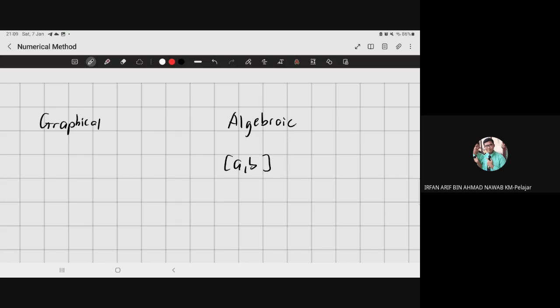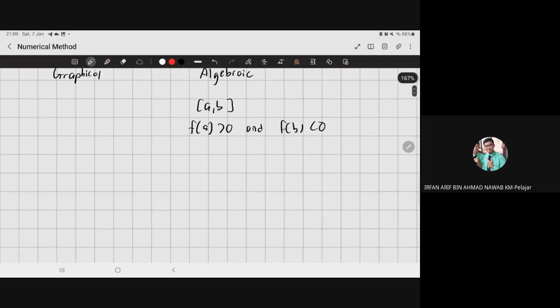Okay, so let's go. For algebraic, basically they're saying if f(a) is larger than 0 and f(b) is less than 0, meaning that there has to be a root. Because if I graph this out, let's say here's our continuous function, and here are our endpoints a and b.